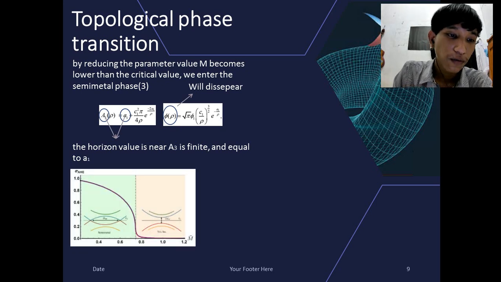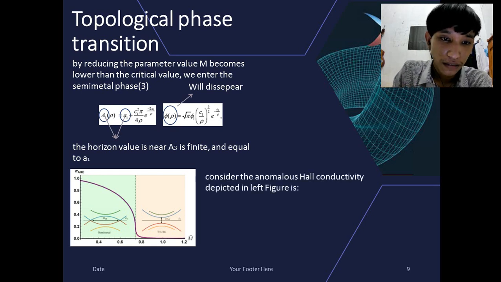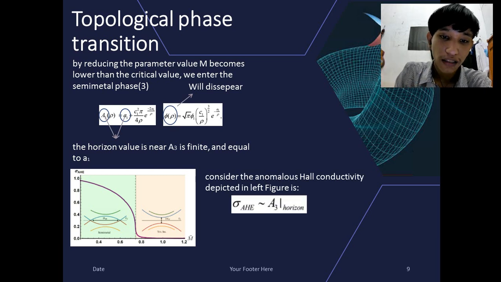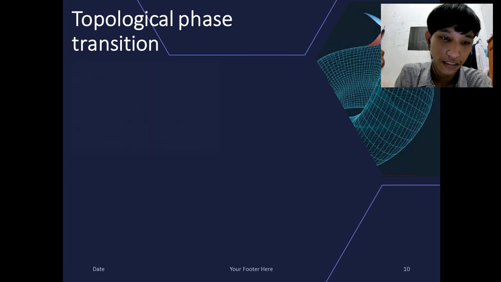After that, I want to show the computed results. Consider the anomalous Hall conductivity depicted in the left figure. And I got the equations for it: sigma AHE is equal to A3 at the origin.